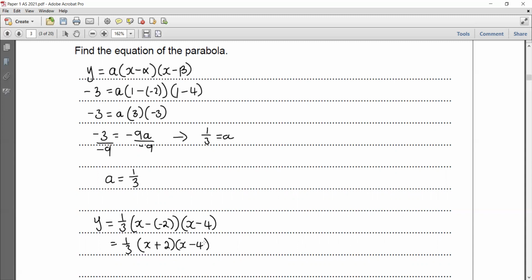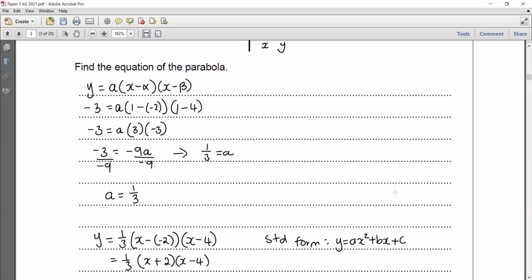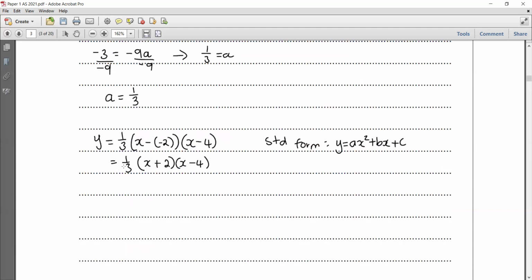Now, usually we want to write this out in standard form. So in standard form, just take note that we have y is equal to ax squared plus bx plus c. So we'd have to multiply out our brackets. So we'll say this 1/3, I'll leave it out for a bit, and then say x times x, x times -4, 2 times x, 2 times that, and then at the end multiply everything.